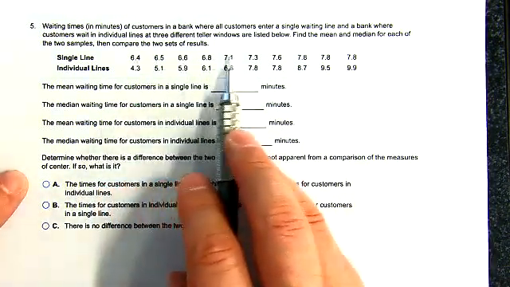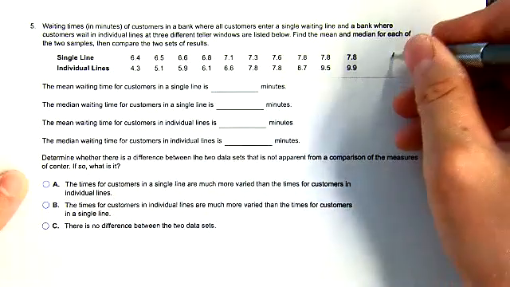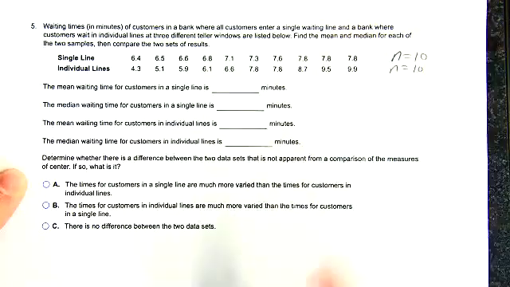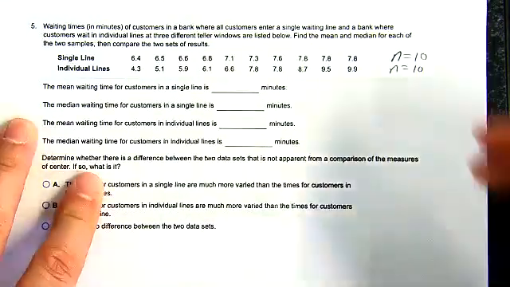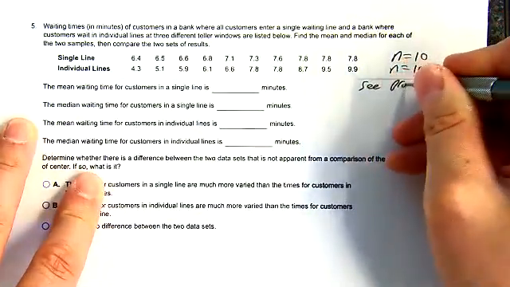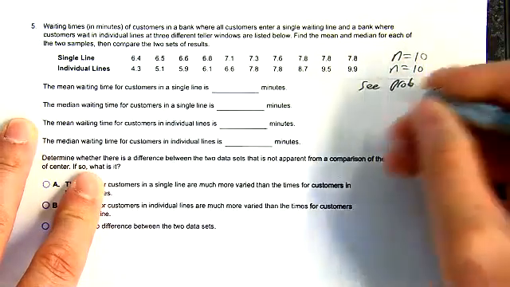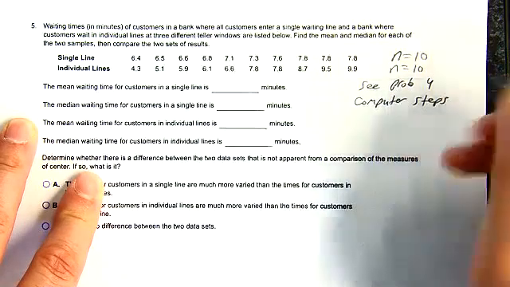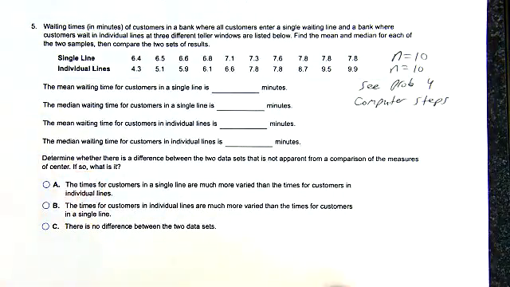N is 10, so a little bit smaller, but I would still use the computer. See problem 4 for the computer steps. And just load it up in StatCrunch and have it crunch it out.